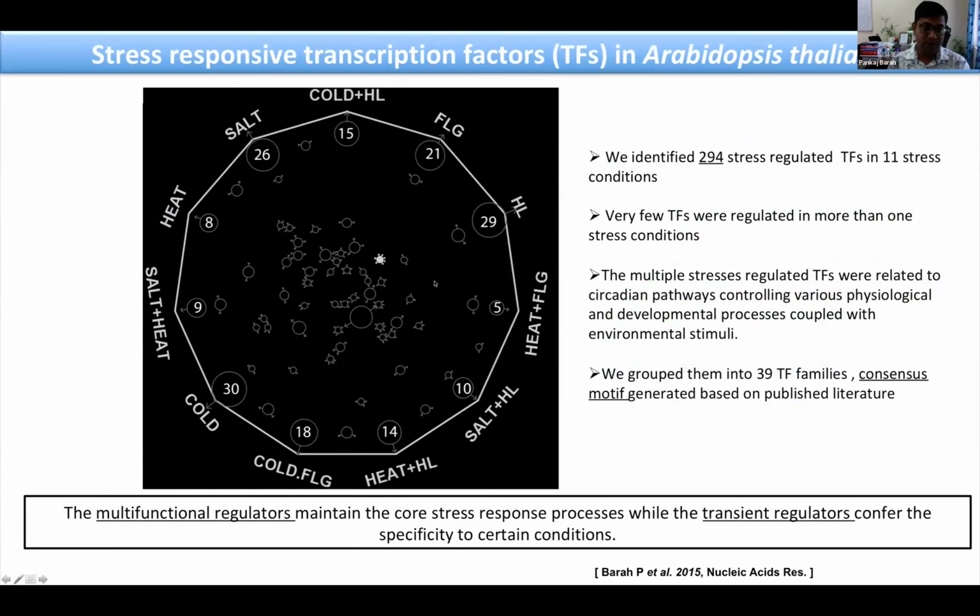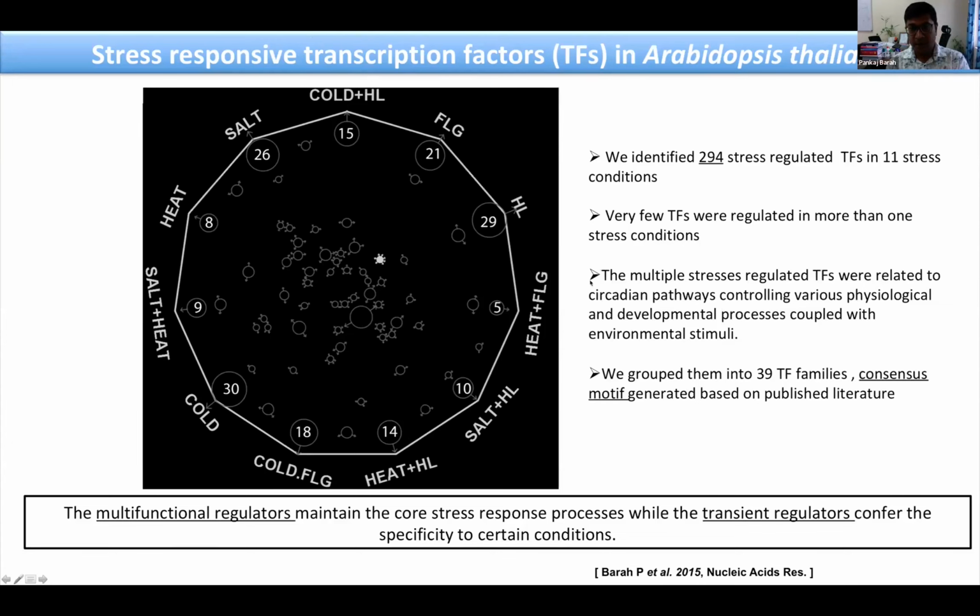Those are the transcription factors shared in multiple different stress conditions. The number of transcription factors differentially expressed in multiple stress conditions was very small, whereas the number of transcription factors specific to a single stress or at least 2 or 3 stresses was larger, which you can see in these peripheral numbers.